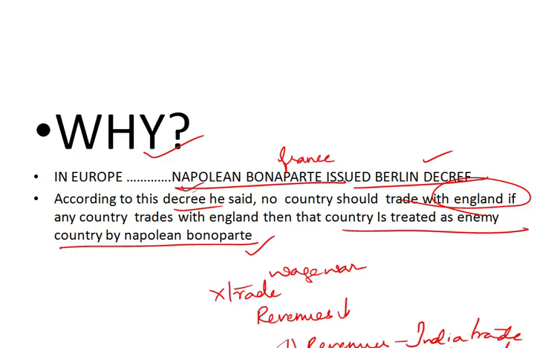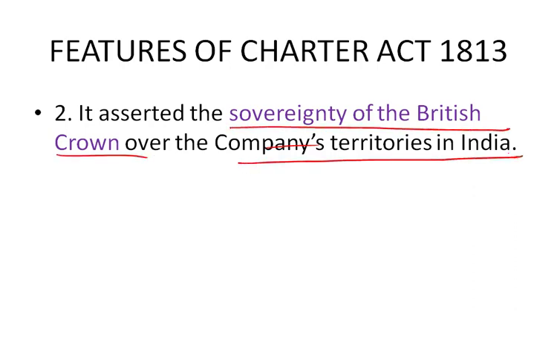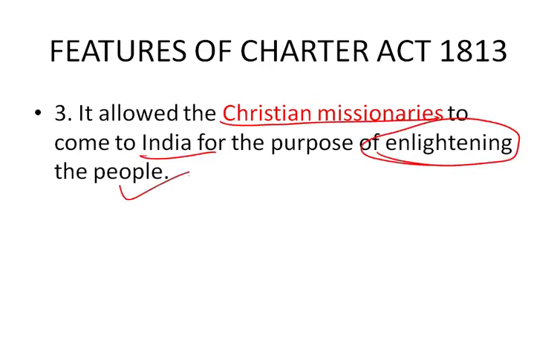And the second feature of this Act is the British Crown asserted its sovereignty over the company territories in India. So the company territories will be the property of the British Queen from this Act onwards. And the third feature of this Act is it allowed Christian missionaries to come to India and enlighten the people of India.